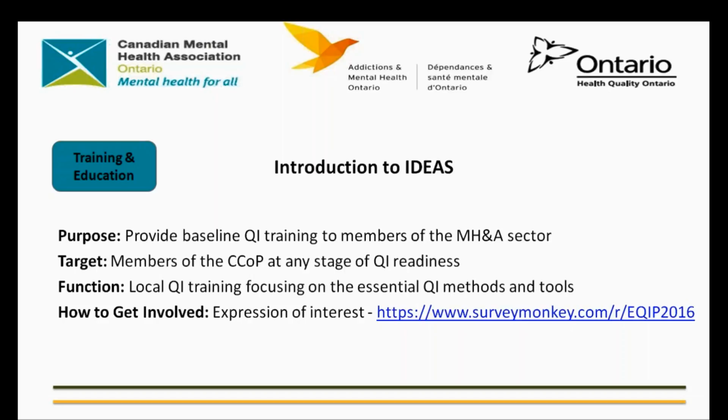Again, we're looking at providing local training, and one of the nice things in terms of working with HQO is being able to adapt the Introduction to Ideas to be very sector specific and really be tailored to examples and language that fits our needs.